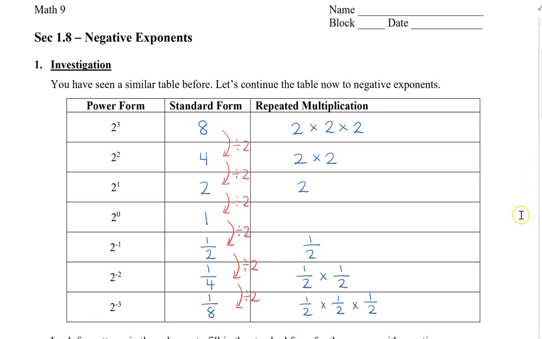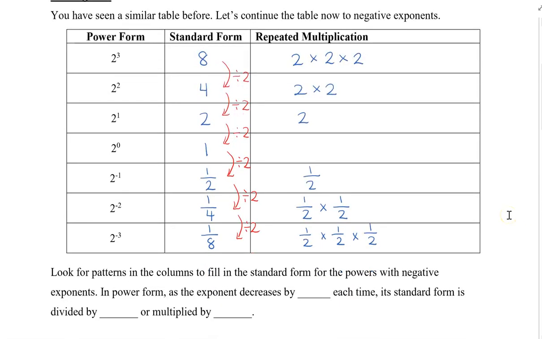Now, what I also want to do is not just write the value of this power in standard form, but I'm actually going to rewrite this also in power form. So half would be the same as 1 over 2 to the power of 1. 1/4 is the same as 1 over 2 squared.